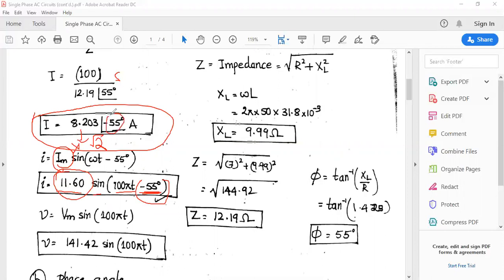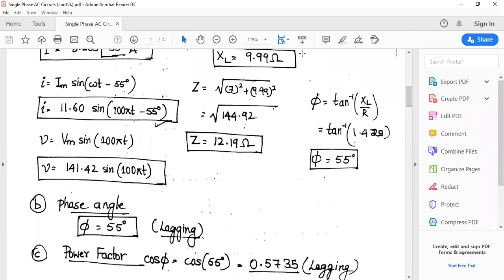That's how you get the instantaneous current: small i equals Im sine of 100 pi t minus 55 degree.